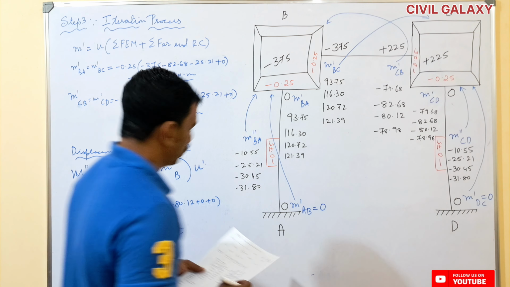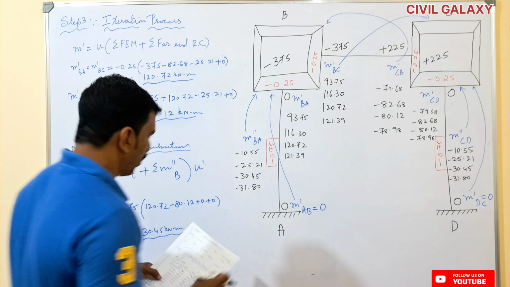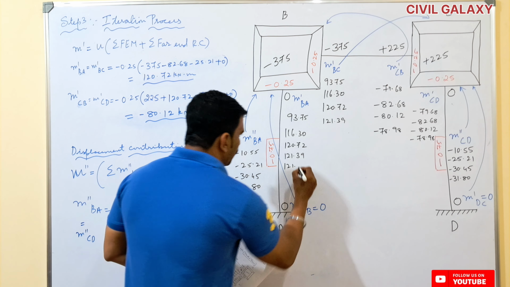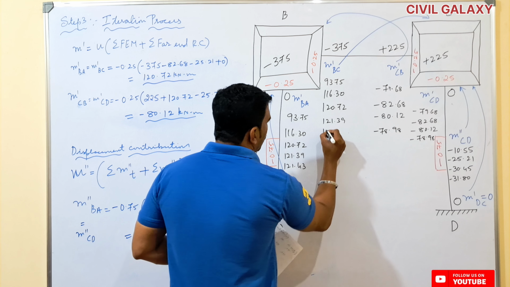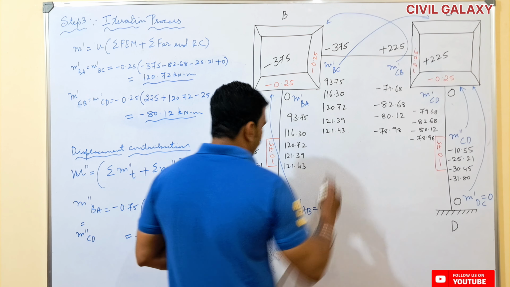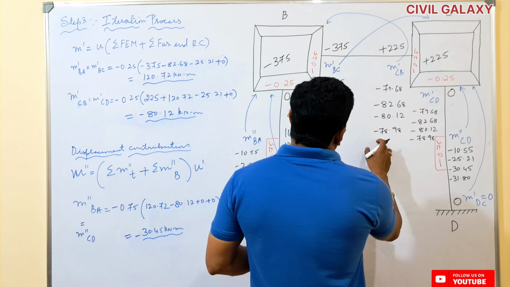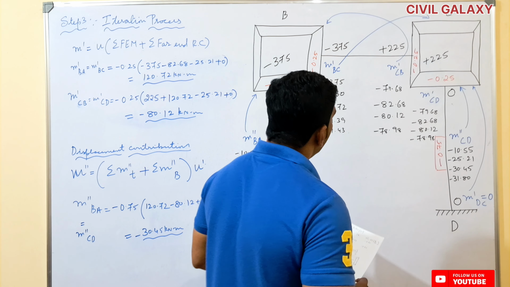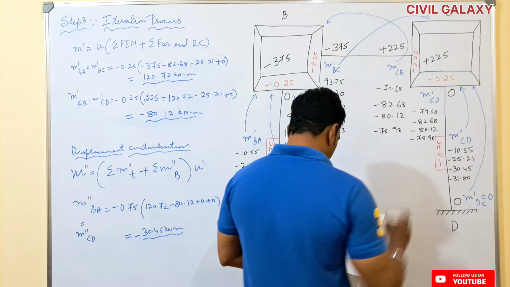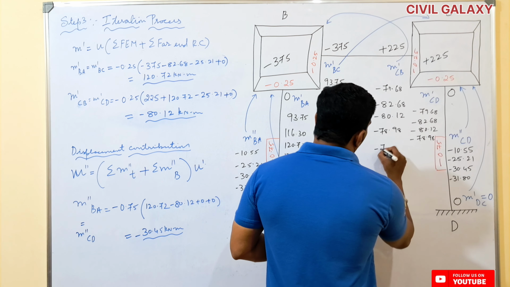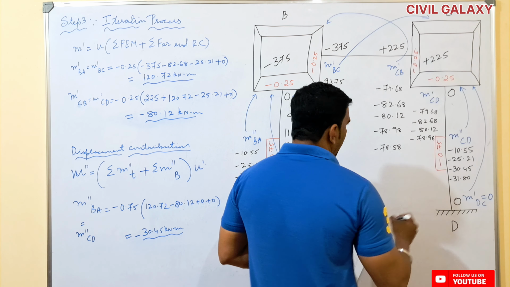So in the fifth cycle, I am having a value of M dash BA 121.43. Here also 121.43. And in the fifth cycle, for M dash CB and M dash CD, the value here is minus 78.58.